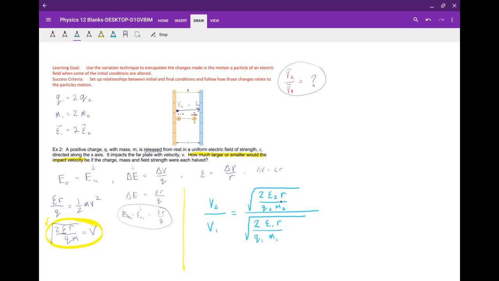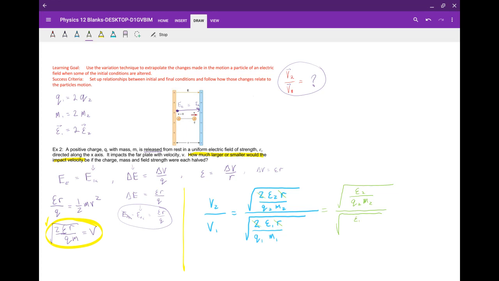Okay. And now algebraically, if you take a look at some of this, these R's cancel. It turns out these 2's are going to cancel. Now I'm going to replace field strength 1 with 2 times field strength 2, right? So I've got field strength 2 over charge 2 mass 2, divided over field strength 1.